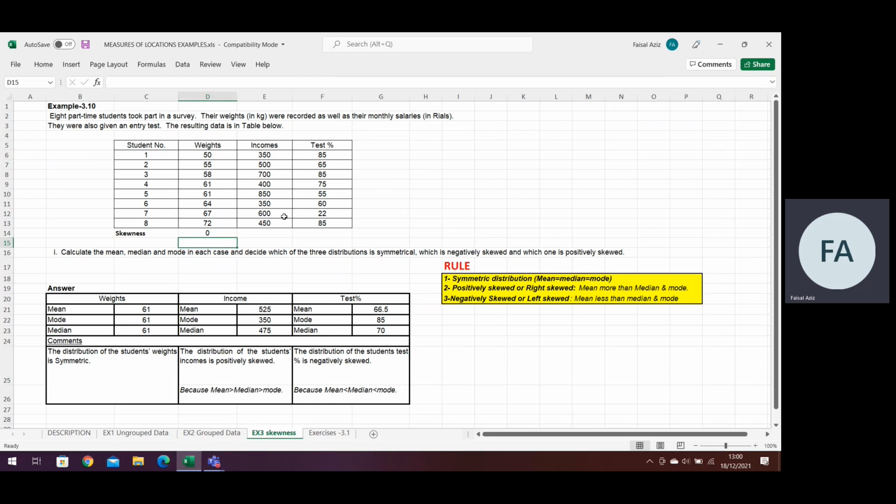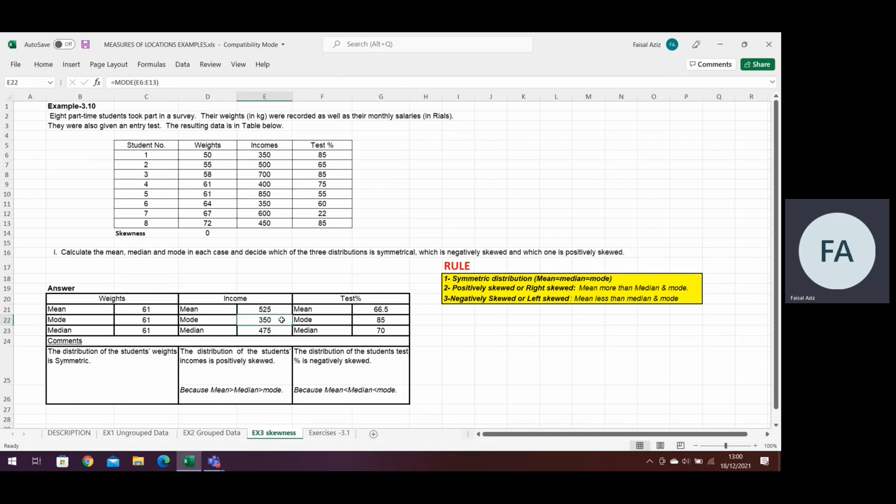Now, I have already calculated the mean, median, and mode of income and test percentage related data. For income, if you look at it, mean 525 is more than median, and median is more than mode.